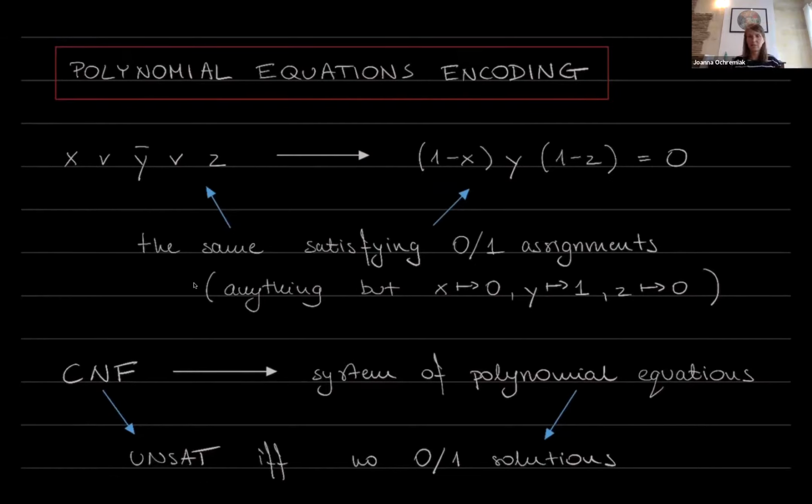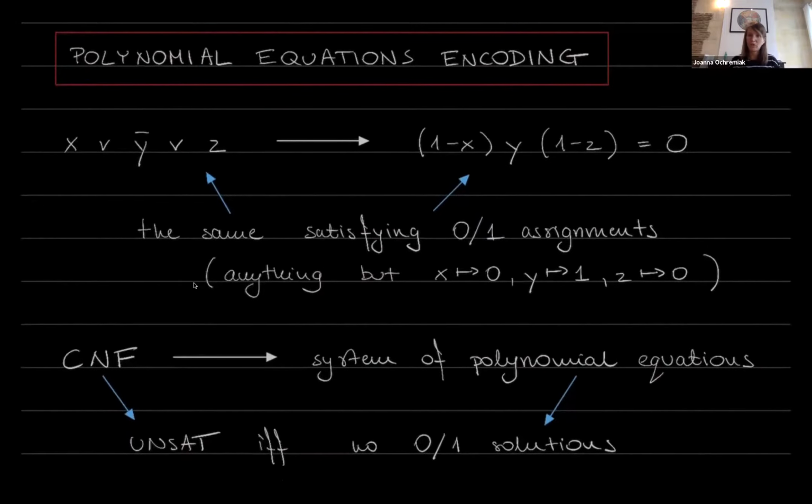So if we start with a set of clauses, then using this kind of translation, we can get a set of polynomials. And instead of showing that there is no assignment which would satisfy all those clauses, we can try to show that there is no assignment which will satisfy all those polynomial equations. 0-1 assignment in both cases.